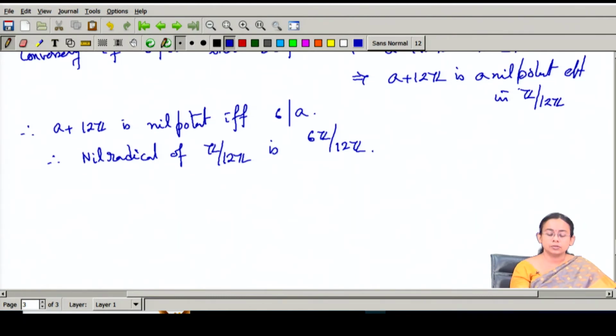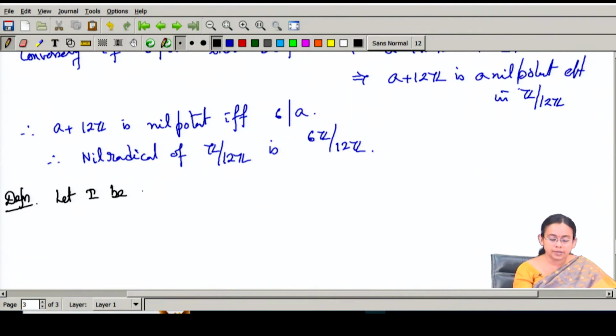Now, as we have so far defined the notion of nil radical, let us define what is known as the radical ideal. So, what is a radical ideal? We are basically generalizing the notion of nilpotent elements to any arbitrary ideal and defining the radical ideal.